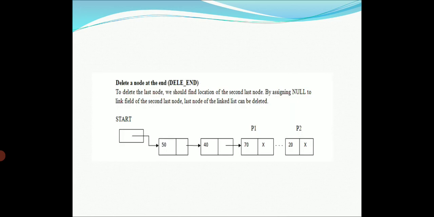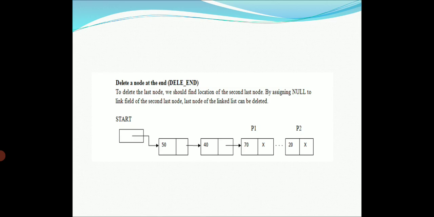The second deletion operation is deleting a node at the end of the linked list. To delete the last node, we should find the location of the second last node. By assigning null to the link field of the second last node, the last node of the linked list can be deleted.